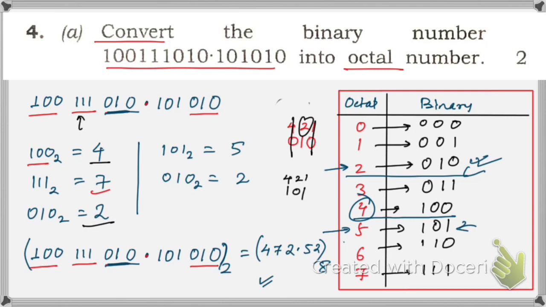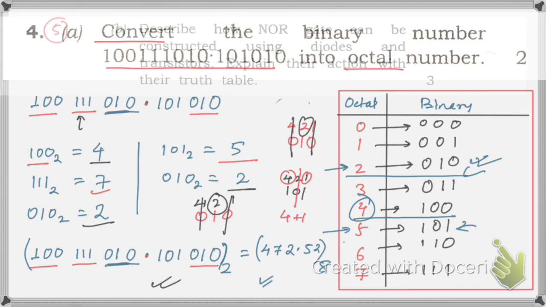Cancel the digit below which we have 0, then we have 4 and 1. So 4 plus 1 is equal to 5, right? Then again 010, write 421, cancel the digits below which we have 0, then we have 2 only, so this is 2. That's how we can obtain this number. Hope you have understood this.